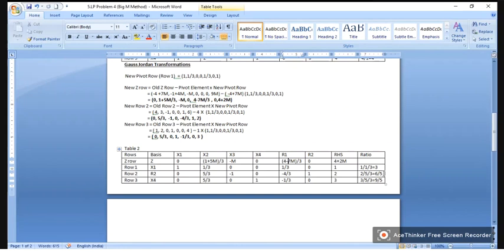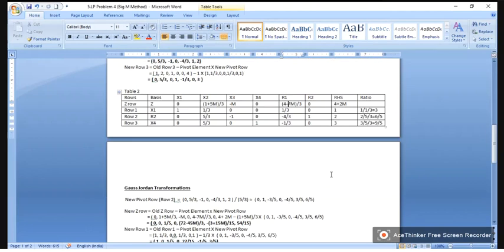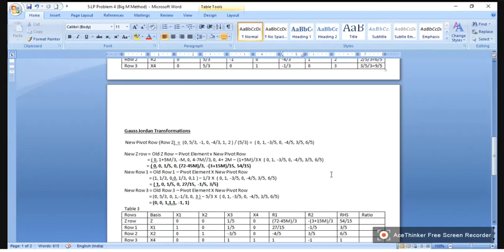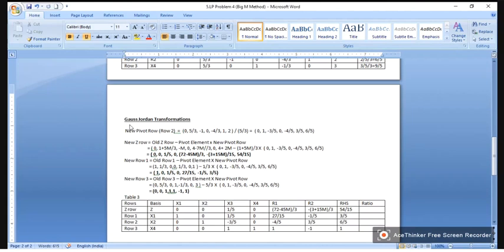So in the next table, in the basis, you will have x1, x2, x4, and you have to fill the elements. To fill the elements, you have to do the Gauss-Jordan transformations. I did the solution.